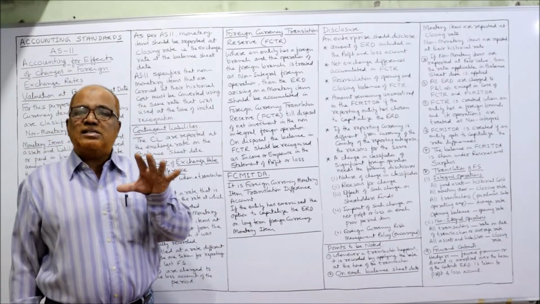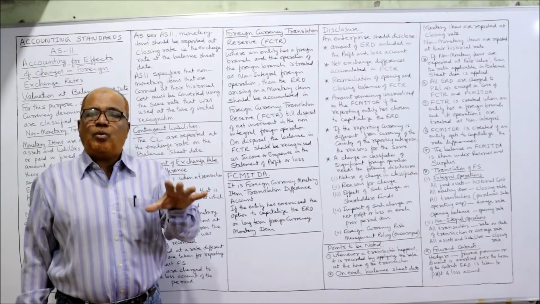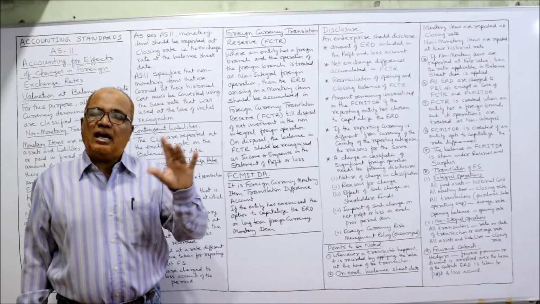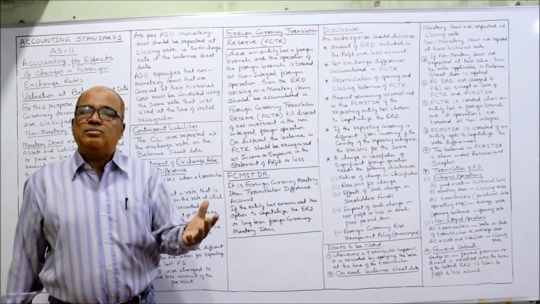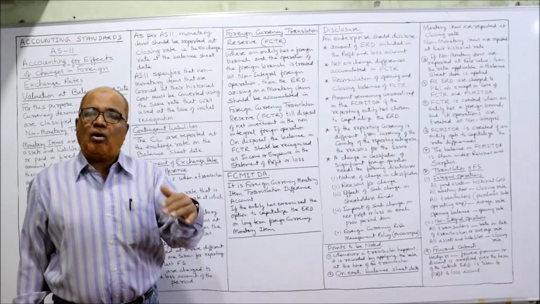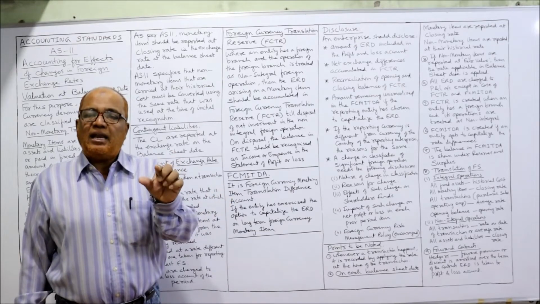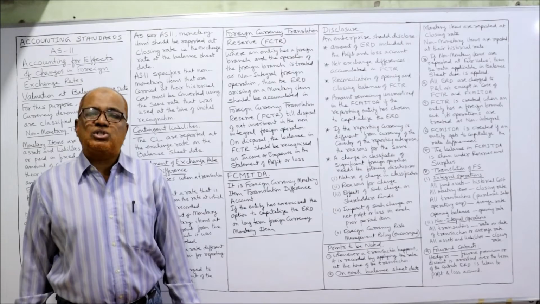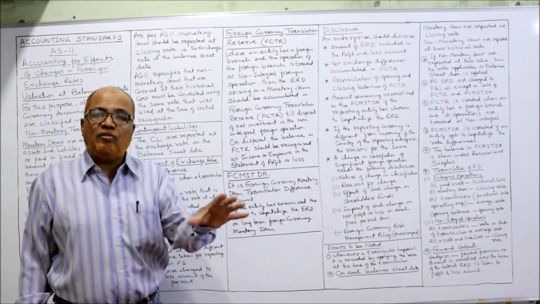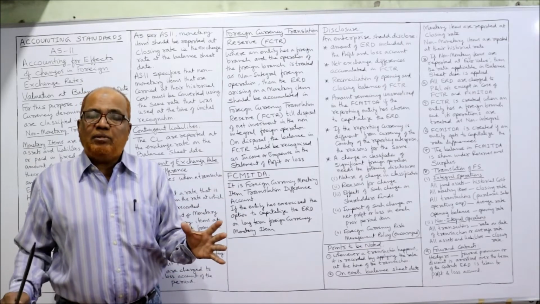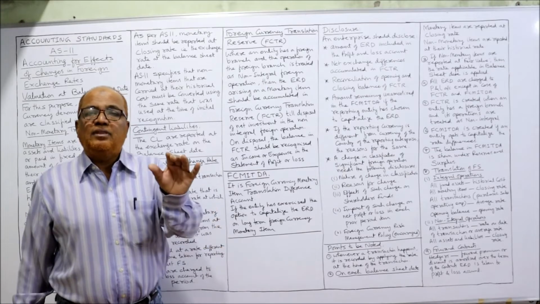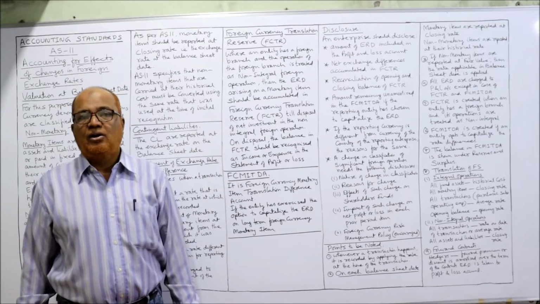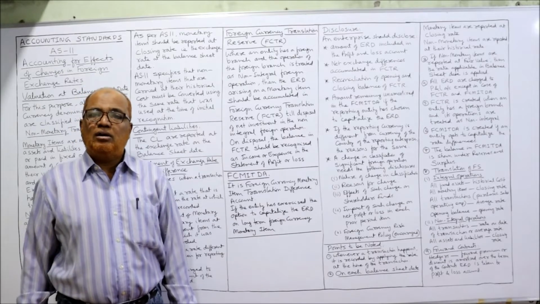When the disposal of that net investment happens, there is a balance in FCTR. That balance may show sometimes gain or loss. So the balance in FCTR should be transferred to profit and loss statement at the time of disposal. Till the time it is not disposed of, this will be shown as balance in FCTR, foreign currency translation reserve.